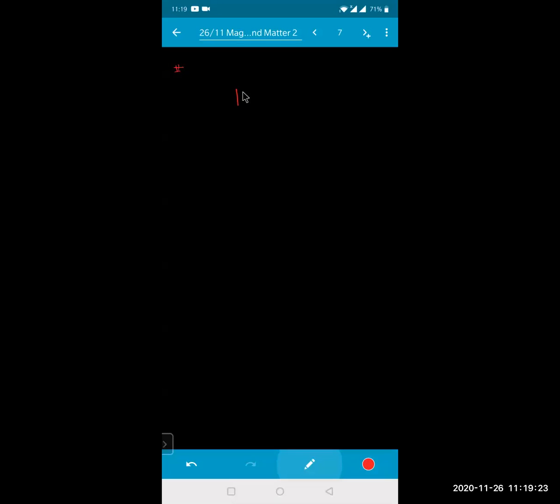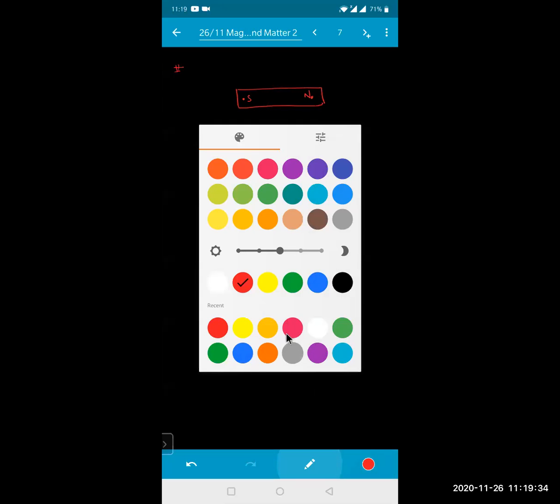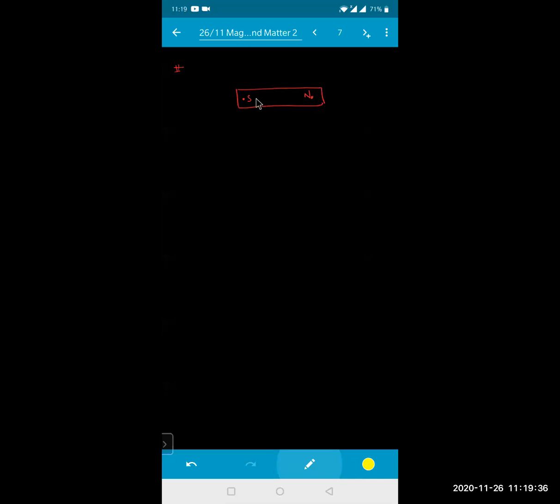In a bar magnet, the direction of magnetic moment is from where to where? If this is the south pole and this one is the north pole, the magnetic moment is from south to north. This is capital M. The direction of magnetic field starts from the north pole and terminates at the south pole.